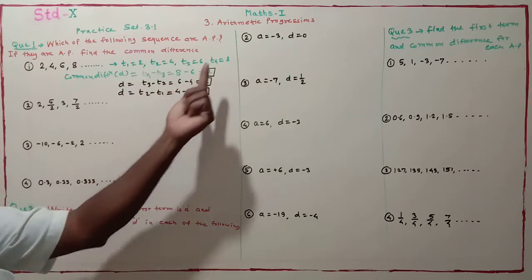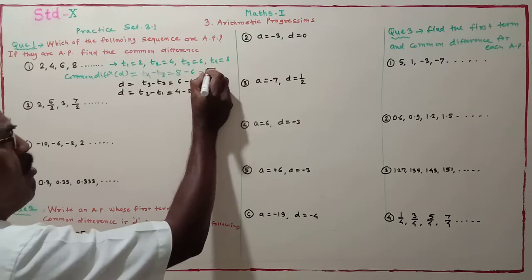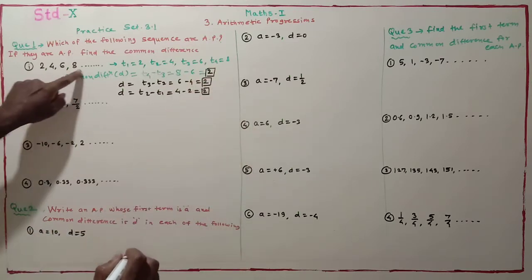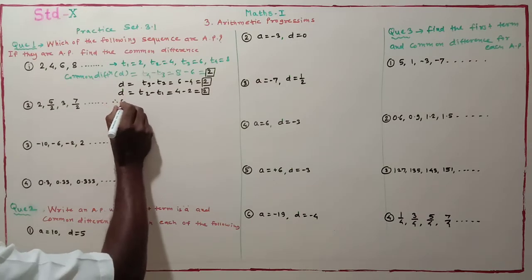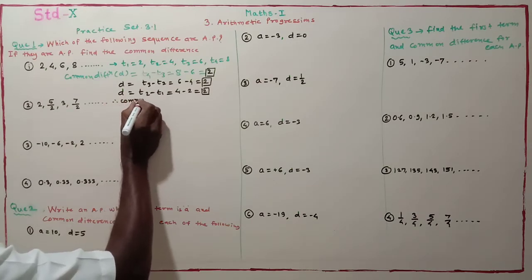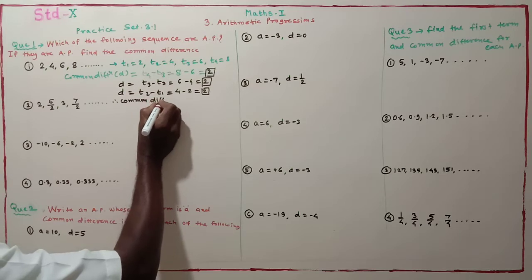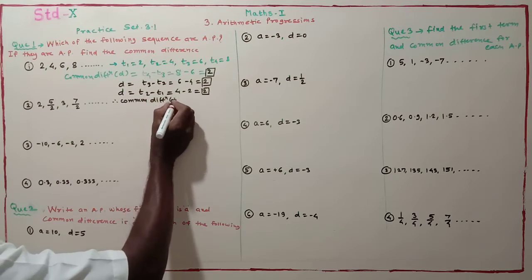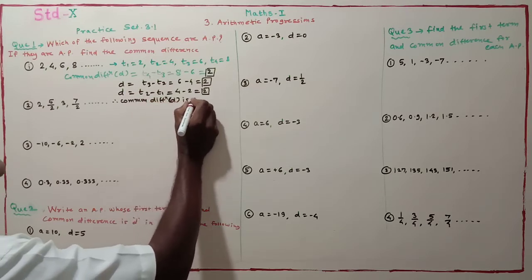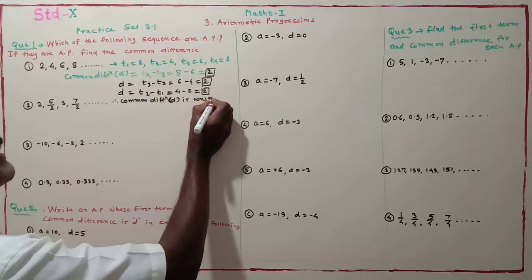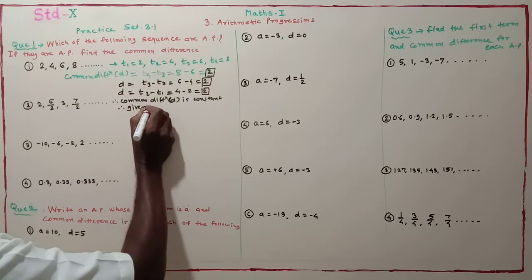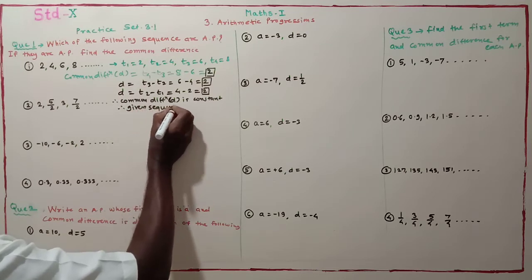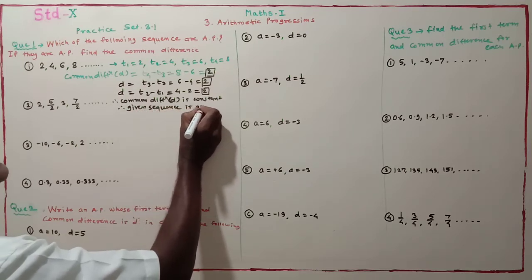This common difference is constant. Therefore, this sequence is AP. Therefore, we write common difference D is a constant. Therefore, the given sequence is an AP.